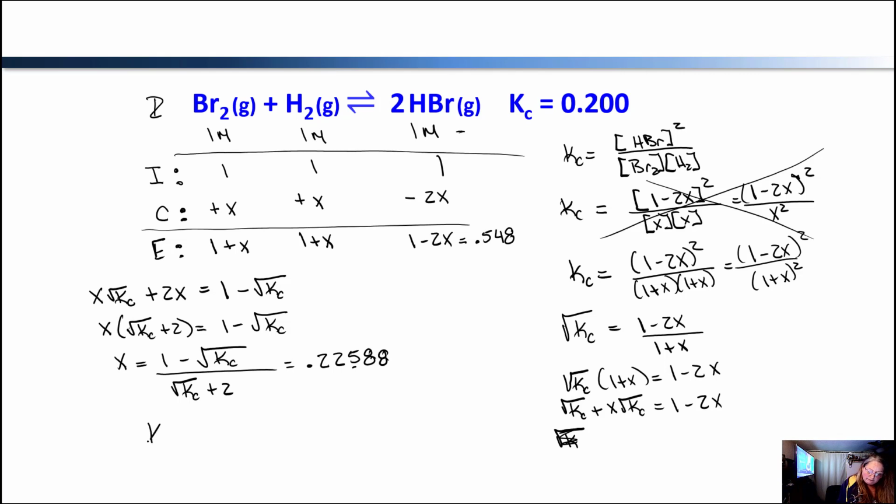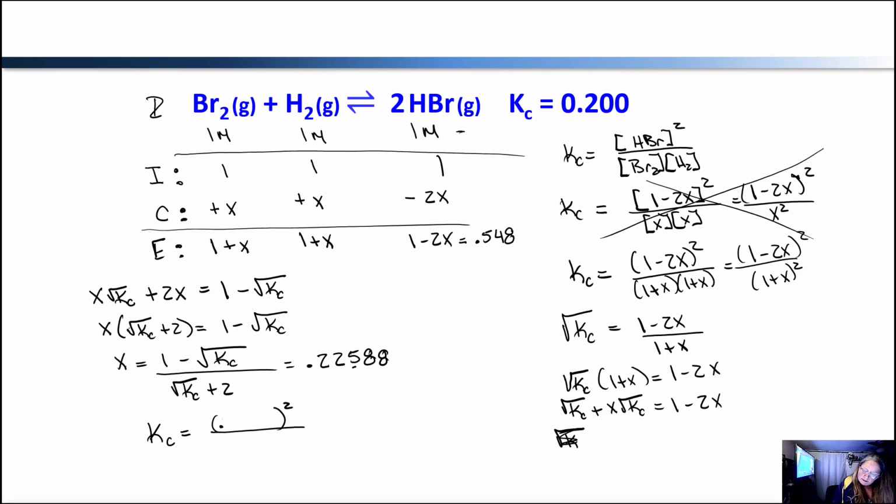So that means, drum roll please, Kc is going to equal 0.2258 quantity squared divided by, oops, nope, I put it in the wrong spot. Sorry about that. My HBr is the 0.548. Let's erase that. Yep.